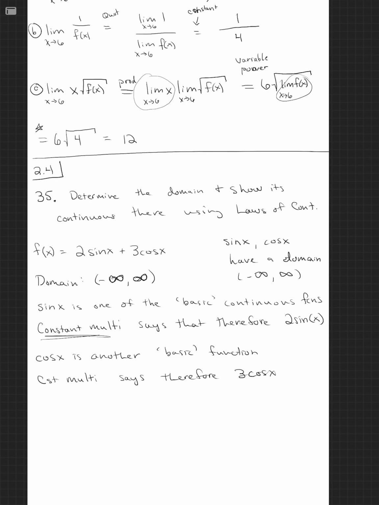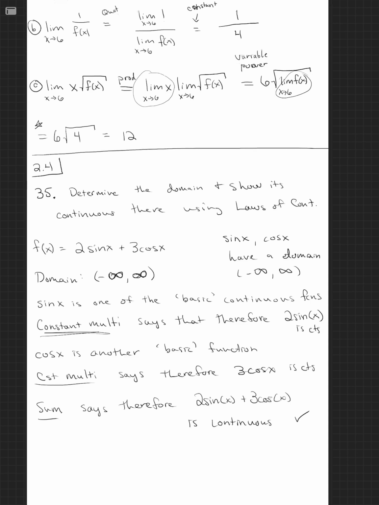Since both of those are continuous, the sum rule says, therefore, the sum of 2 continuous functions is continuous. Right. So we started off with 2 continuous functions. We're allowed to multiply them by constants, and it remains continuous. And we're allowed to add them together, and it remains continuous.